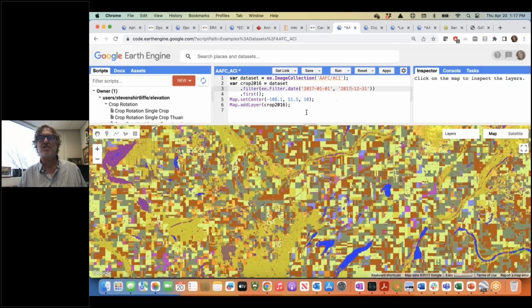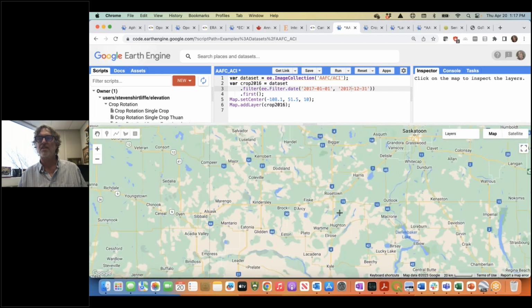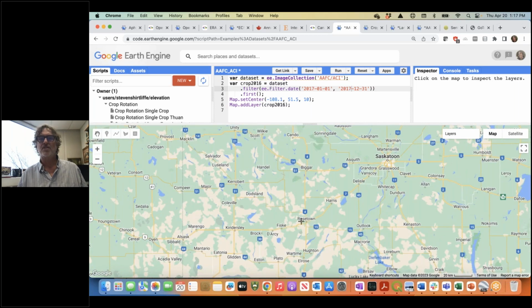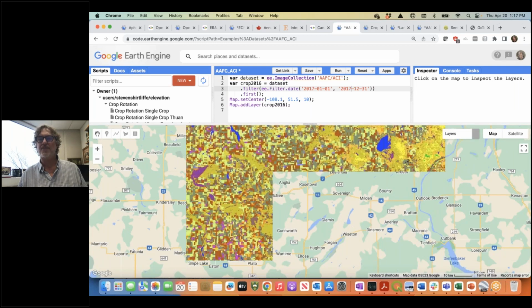In this case, we're just displaying it for the year 2017. And you can see, if I click off this layer here, you can get an idea of where we are. There's Saskatoon, and Rosetown is there, for those of you not sure where Rosetown is. And here's a layer that they have classified.